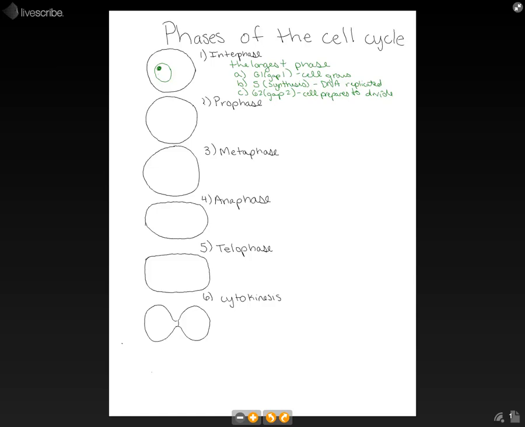Now we're going to go to prophase. Prophase is where our chromatin, which is uncondensed DNA, will condense into chromosomes.